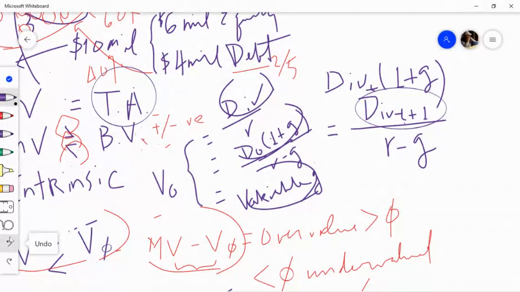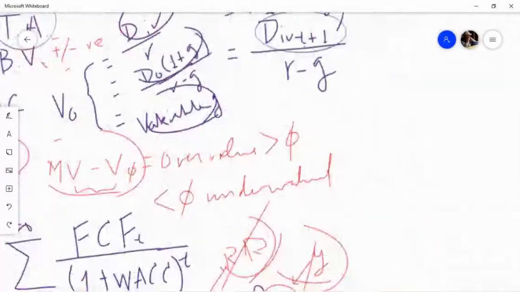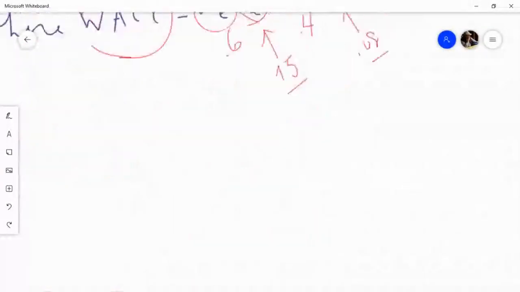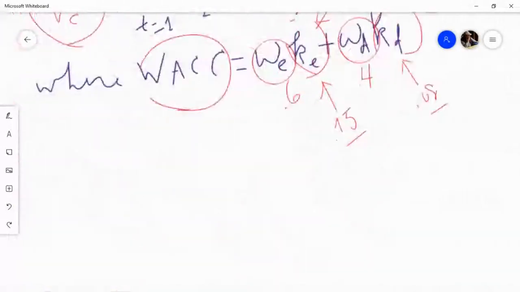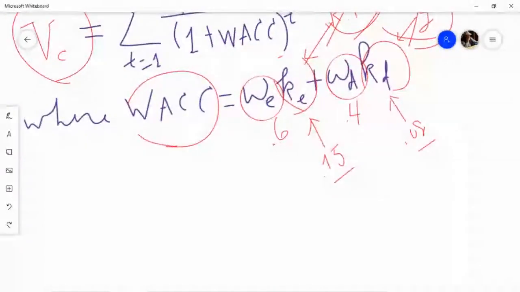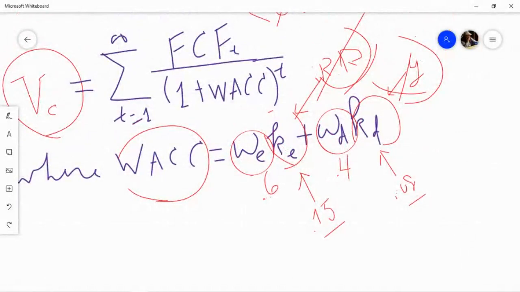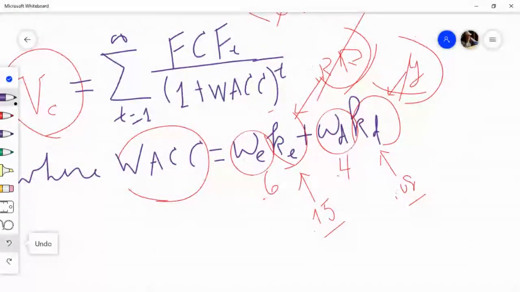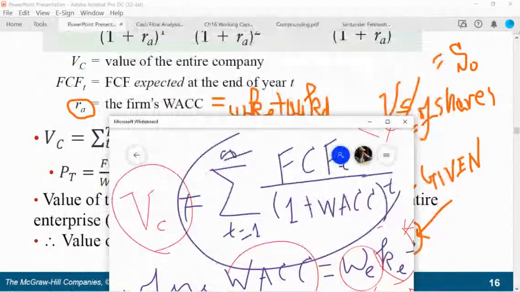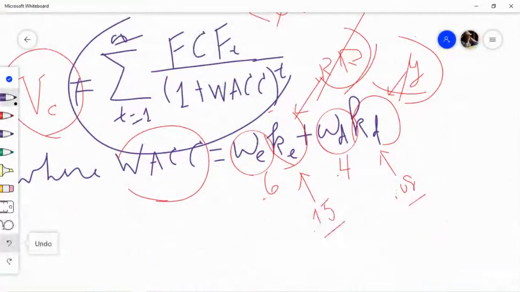Isn't that right? If I rewrite this, the equal sign goes.